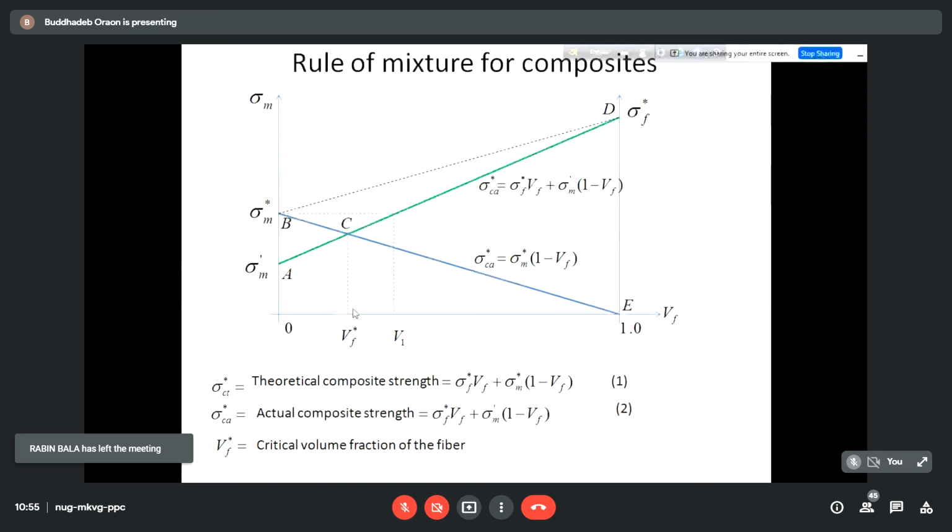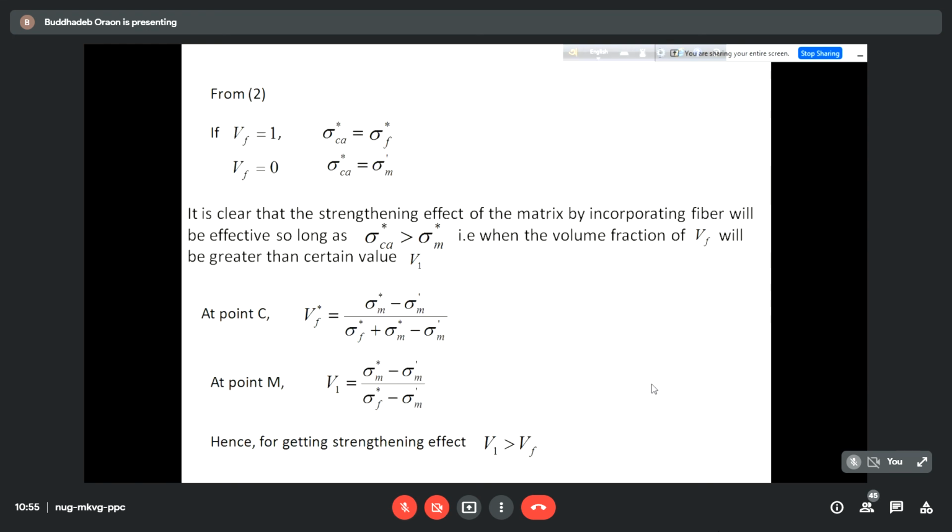This particular value Vf star is called the typical volume fraction of the fiber, and this V1 is actually the minimum value of the volume fraction, or we can say the design volume fraction. At that point M we are getting this V1. So the V1 expression you can get from equation 2.